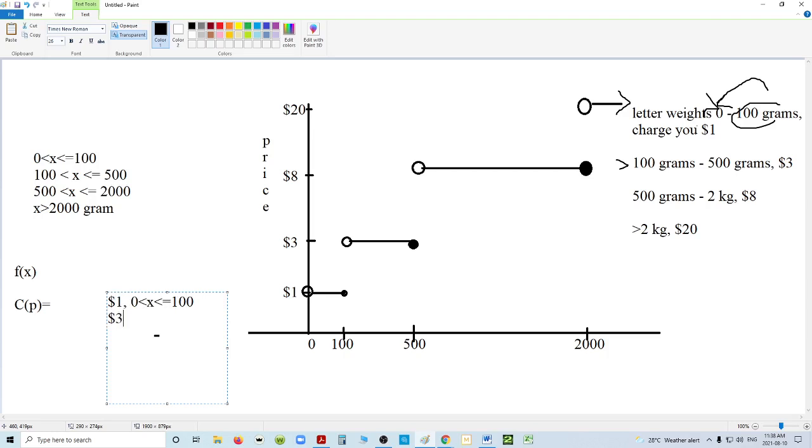It's going to be $3 when 100 is smaller than x and smaller or equal to 500. It's going to be $8 when 500 is smaller than x, which is smaller or equal to 2,000. And it's going to be $20 when x is bigger than 2,000 grams. And you'd have the grams in there too.